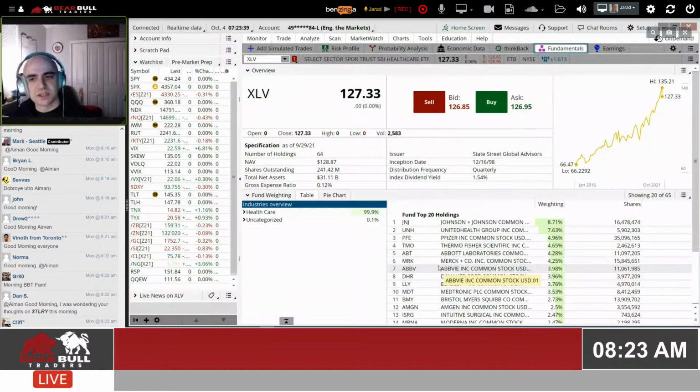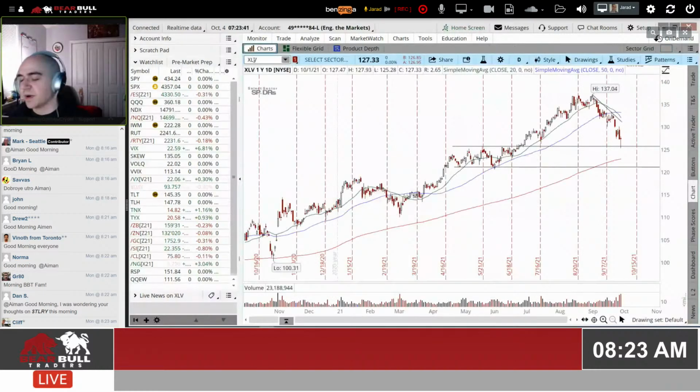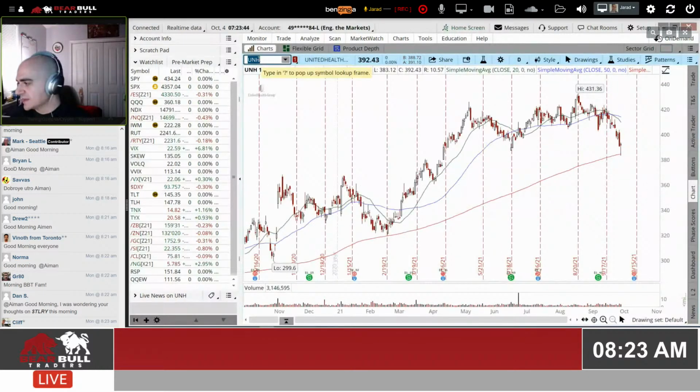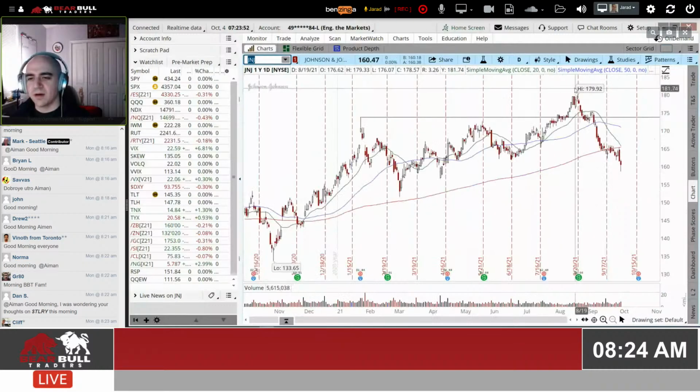Along with UNH, once again, large component of the Dow, coming into the 200 and responding accordingly. J&J has been selling off for quite a while, looking for this one maybe to at least hold, if not to respond bullish with the rest of the healthcare sector.